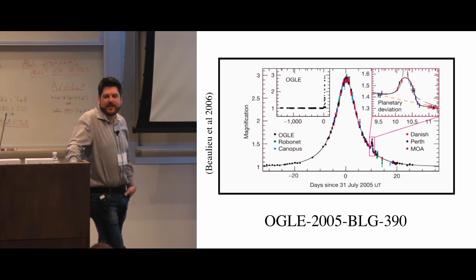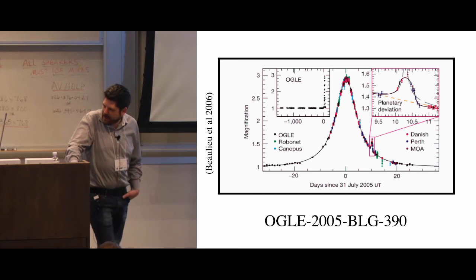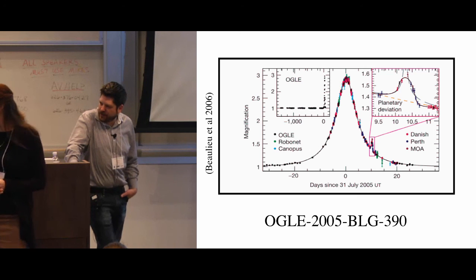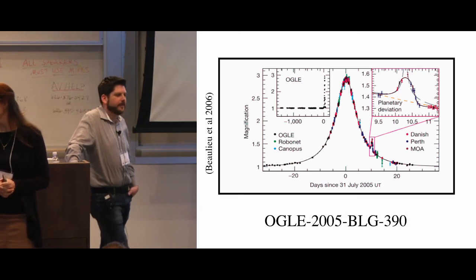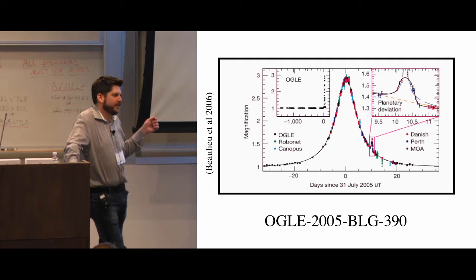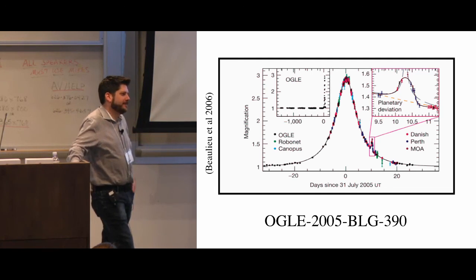Maximum magnification we've ever seen, 3,000. I think that was the event that Jen analyzed? Or was that the terrestrial planet? Oh, Subo's one, yeah. So we've seen several that are over 1,000, and one that actually exhibited terrestrial parallax because the magnification was so large. In other words, the event looked different on one side of the Earth than the other side of the Earth.